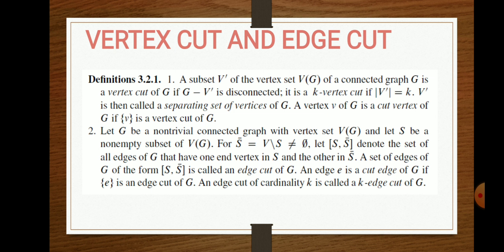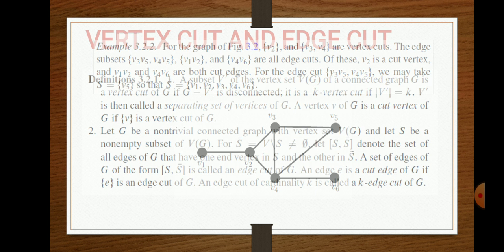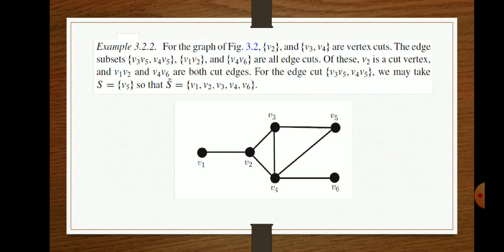So let us see the example for the edge cut. Here the edge subset V3 V5 and V4 V5. Here V3, V4 belong to the set S and their complement is V1, V2, V5, V6. The edges V3 V5 and V4 V5 have one end vertex in S and the other end vertex in S complement.